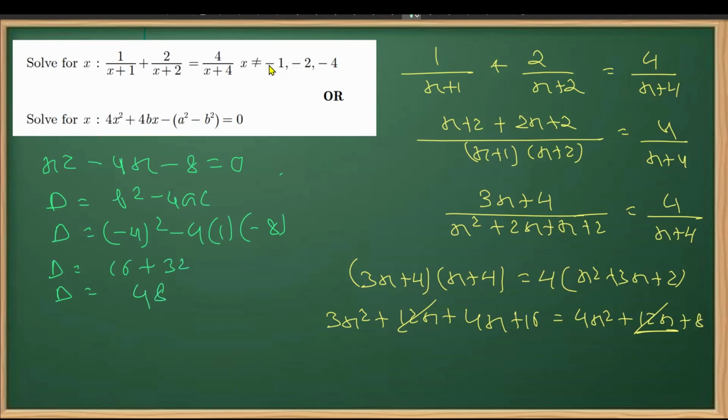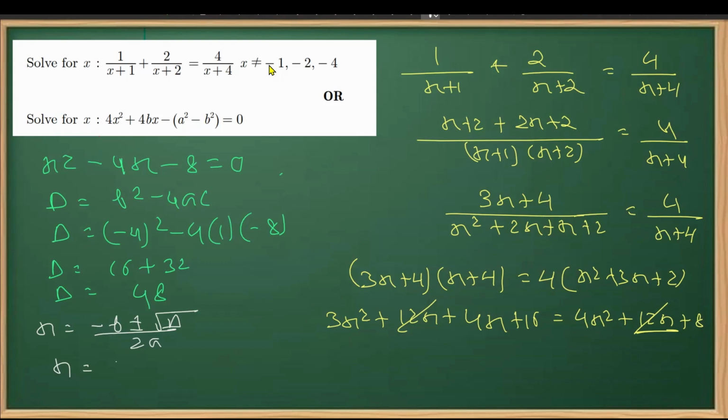Now finally we have to get the value of x, which is minus b plus minus under root D over 2a, the quadratic formula. b is minus 4, so minus of minus is plus.